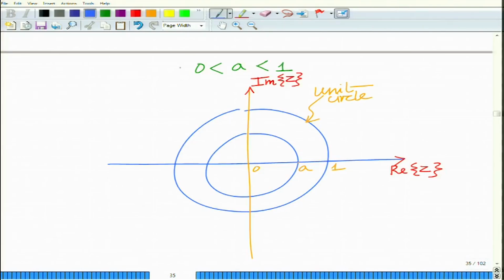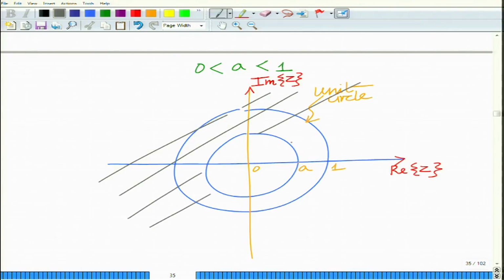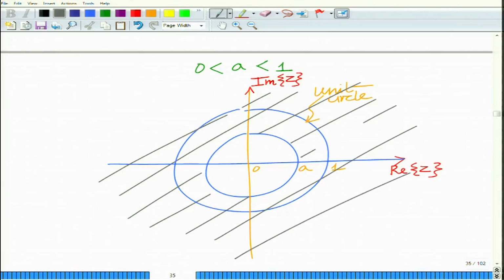The region of convergence is all values of z such that magnitude of z is greater than a, which covers everything outside the circle of radius a. So this is basically your ROC, that is magnitude z greater than a, and this is termed your z plane.